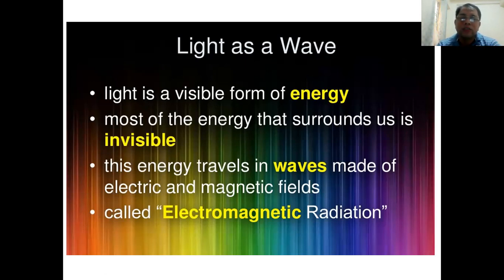Now most of the energy that surrounds this wave, which we call the electromagnetic wave, is invisible. Most of it. But there's this portion of visible light that can be transformed into different colors. That's what we call the white light or the visible light.